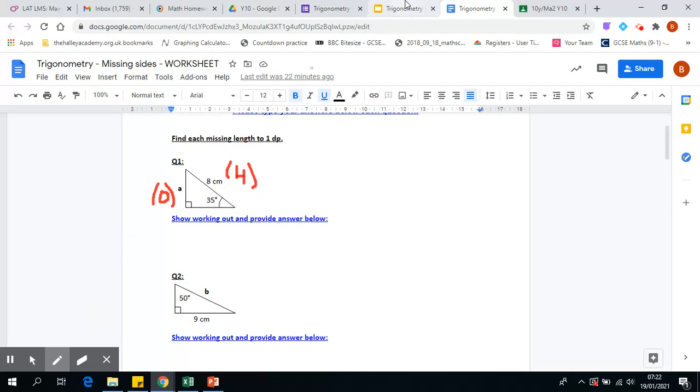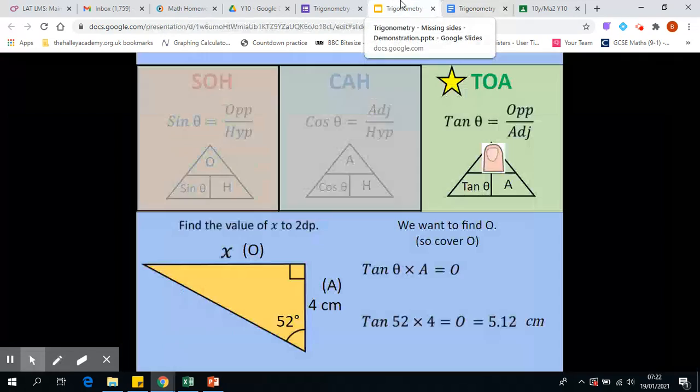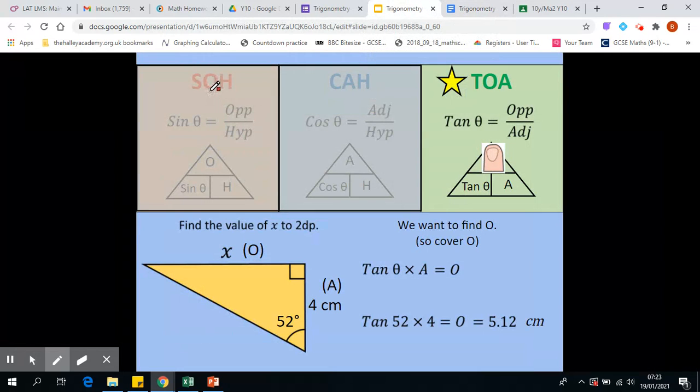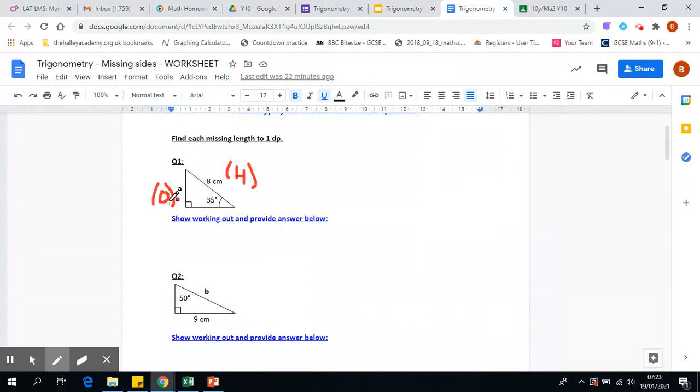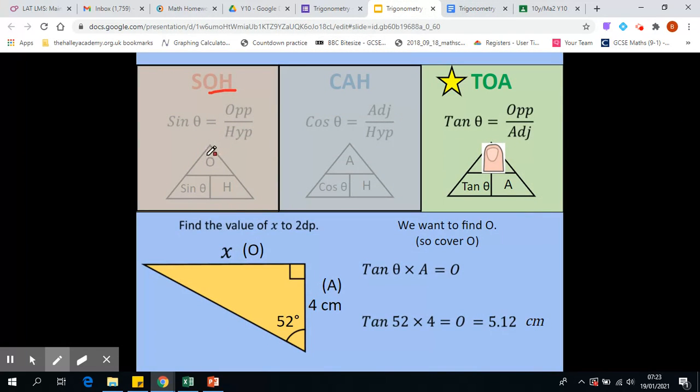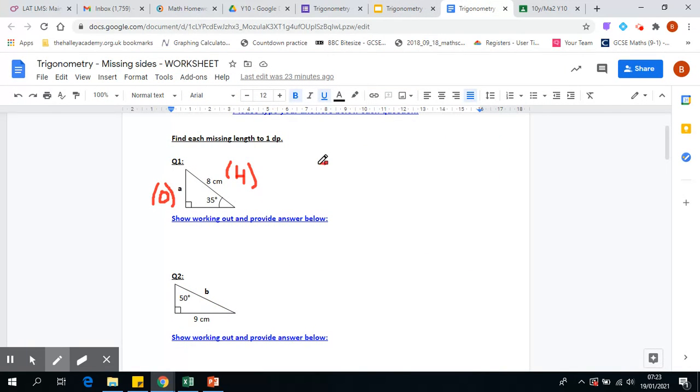I go back to identify what is the correct ratio. This involves O and H. O and H would be sine. We want to calculate O, so I cover O, which gives me the formula sine theta times H. So that will be sine theta, which is 35.